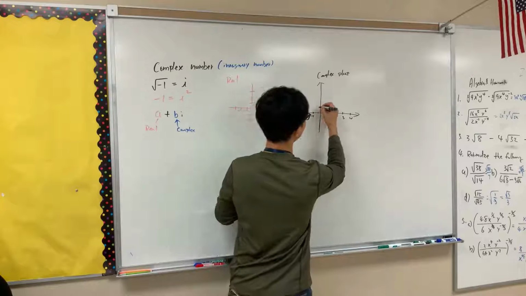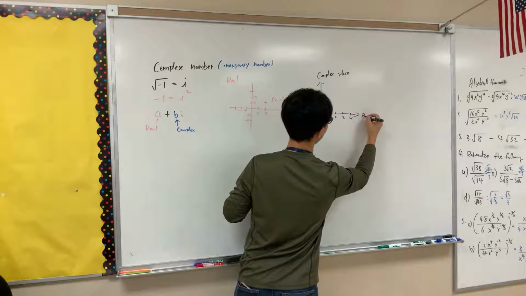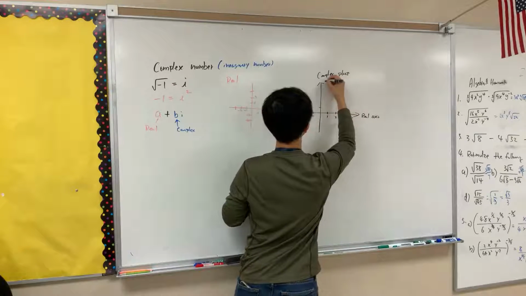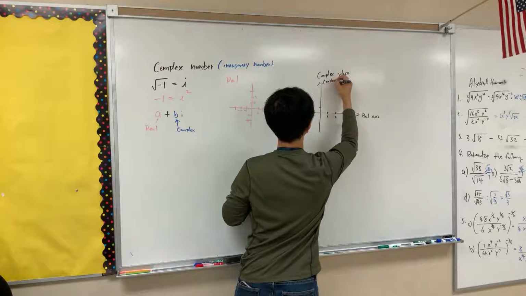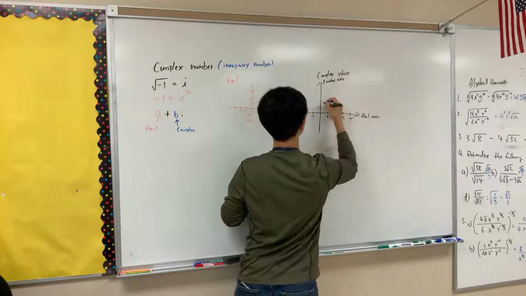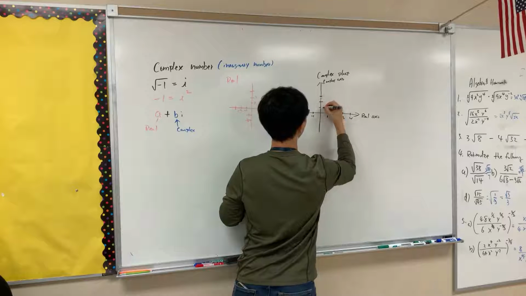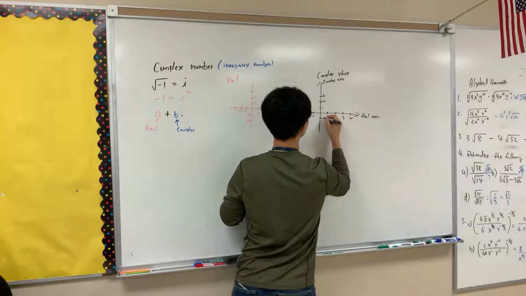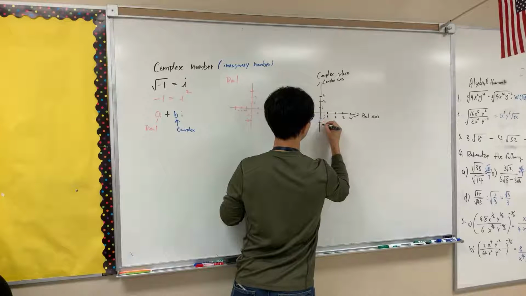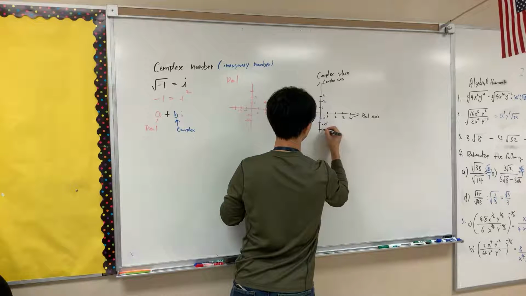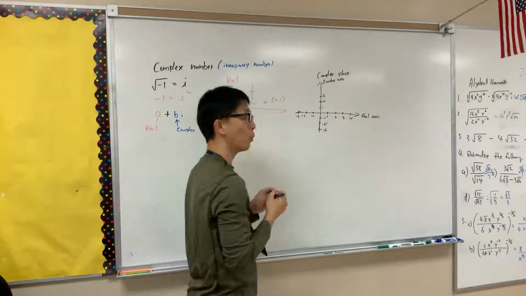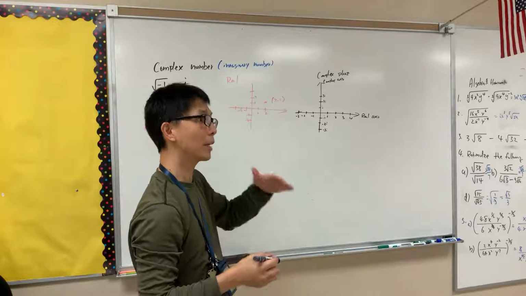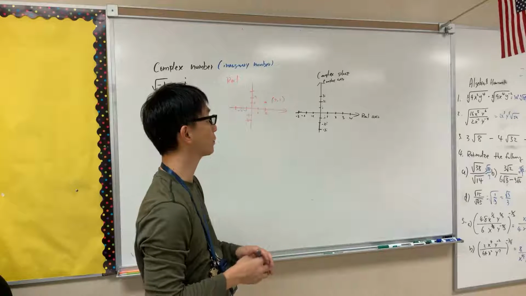But the y-axis, this is the real axis, and this is the complex axis. So that's going to be i, 2i, 3i, negative i, negative 2i, and negative 3i. So instead of 1, 2, 3, it's going to be i, 2i, 3i, negative i, negative 2i, negative 3i.